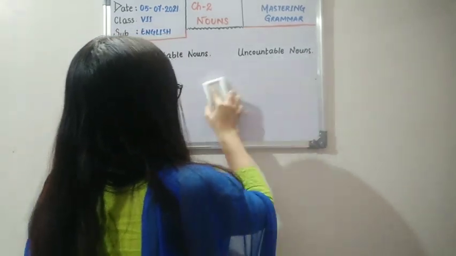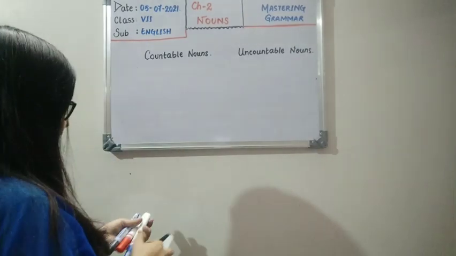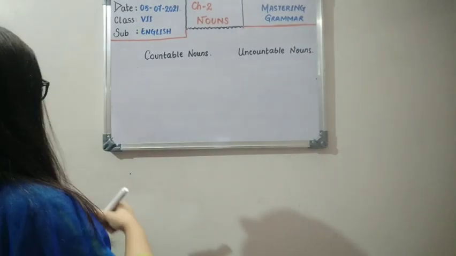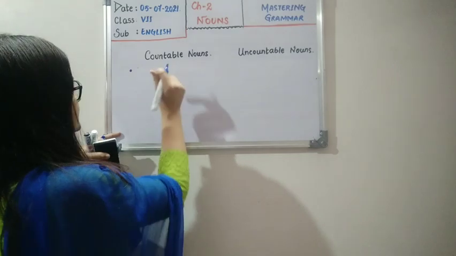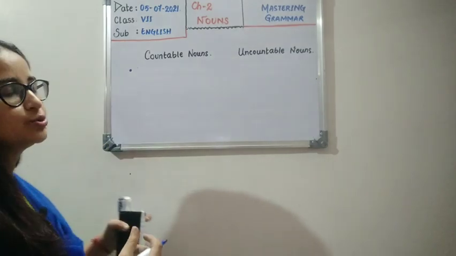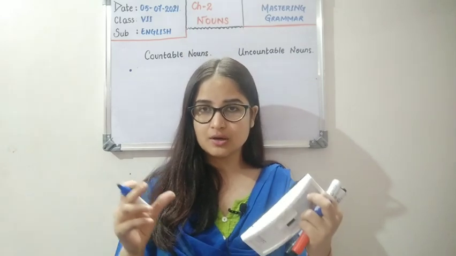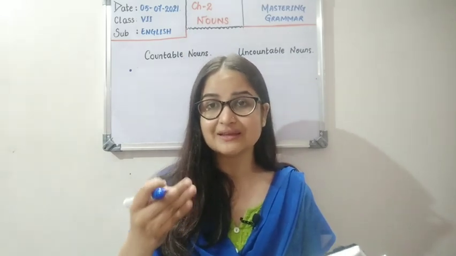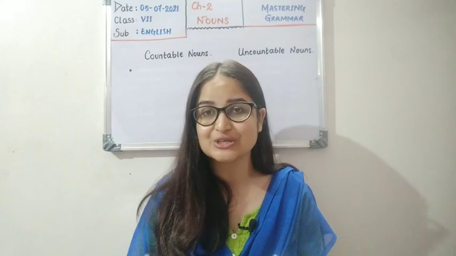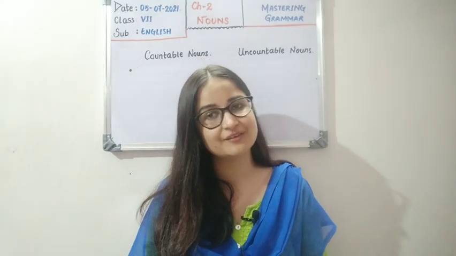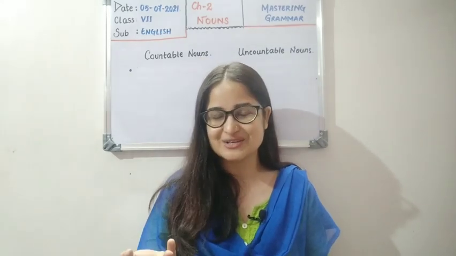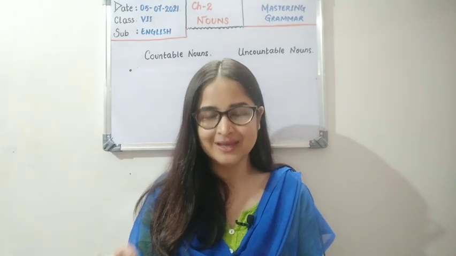Now moving to the third point. For this one children, we will be using number. When we have to specify the number, we can use adjectives of number. That we will be learning in the next chapter, adjective. That's not far away.